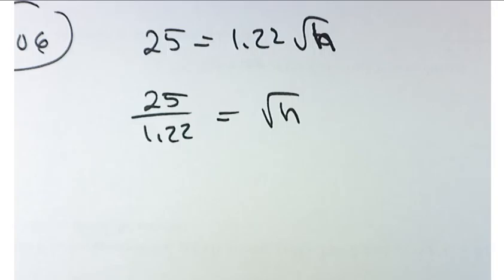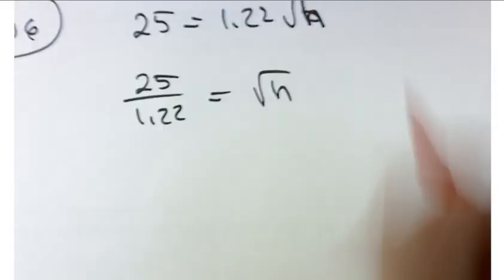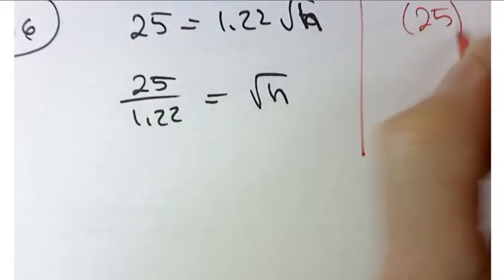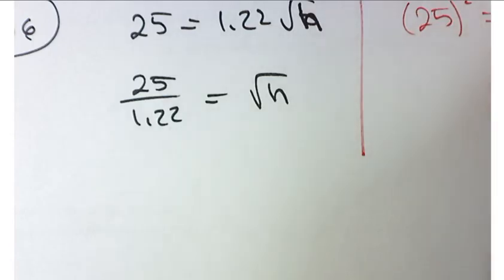Could you also do like 1.22 times the square root of h squared, and 25 squared? So alternatively, you could square both sides here and get 25 squared equals 1.22 times the square root of h, squared.